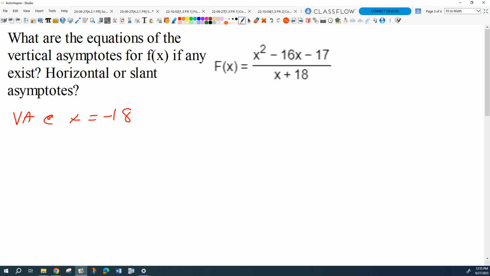But what do we see about this? We talked about yesterday that it might be useful. What's important about the degrees of those polynomials? Okay, good. The degree of the numerator is exactly 1 greater than the degree of the denominator, right?